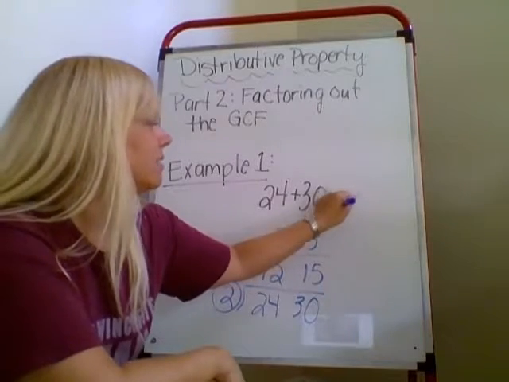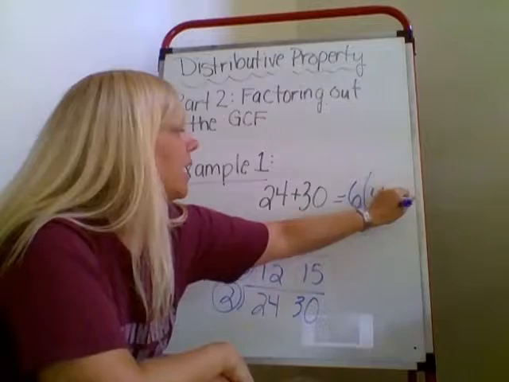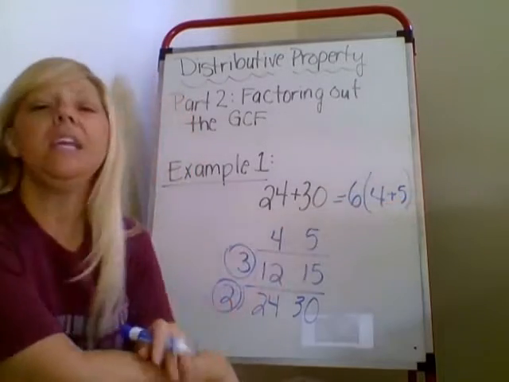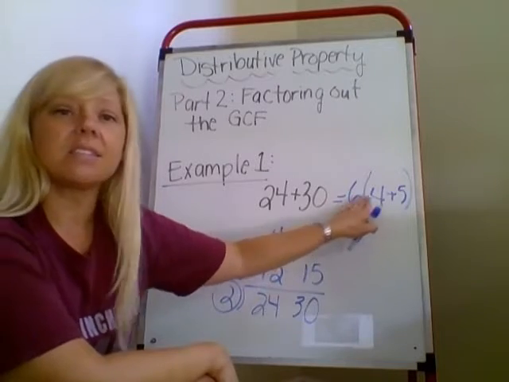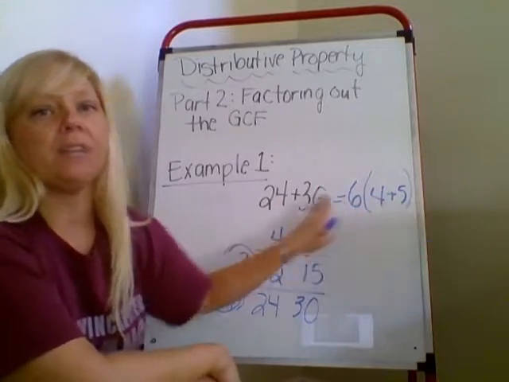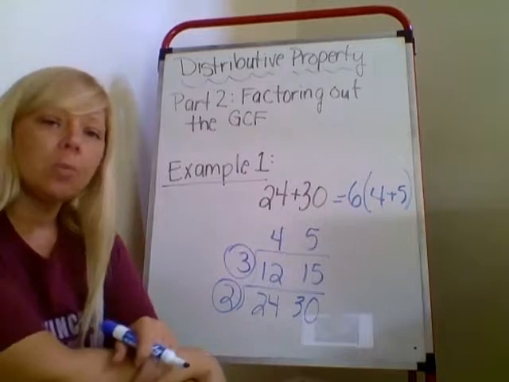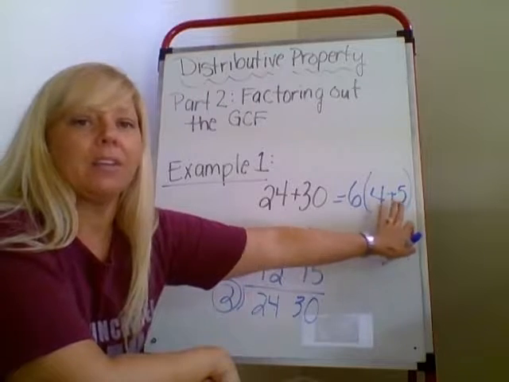So 6 groups of 4 and 5 equal 24 plus 30, because 6 times 4 is 24 and 6 groups of 5 are 30. Just like in our previous video, this is 6 groups of 4 and 5.